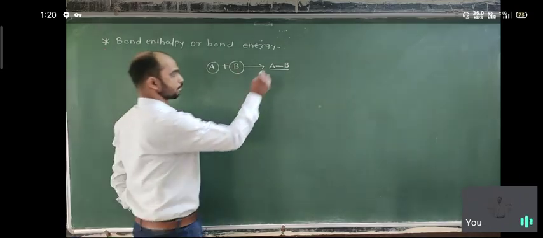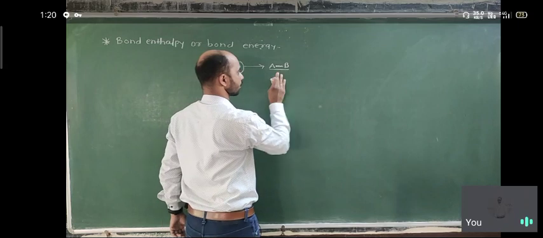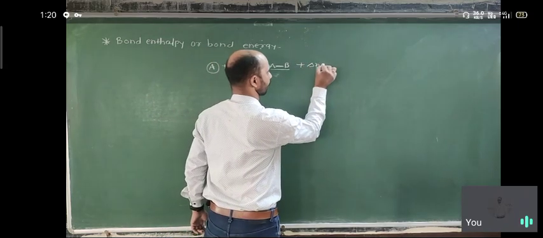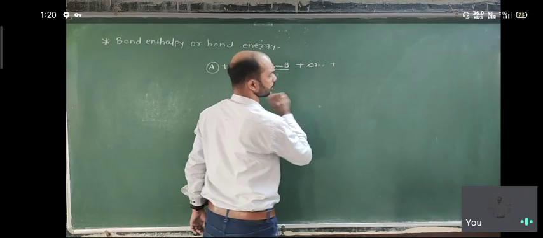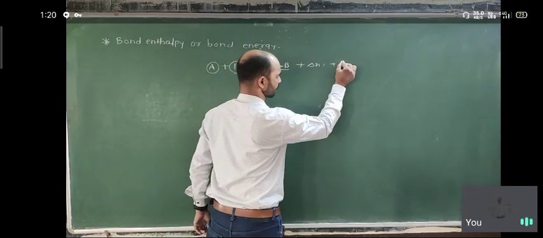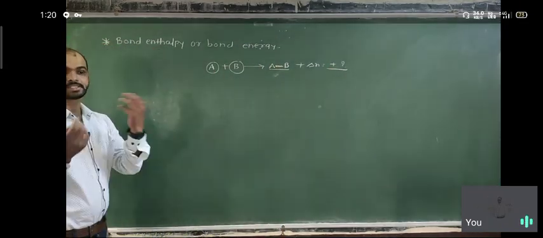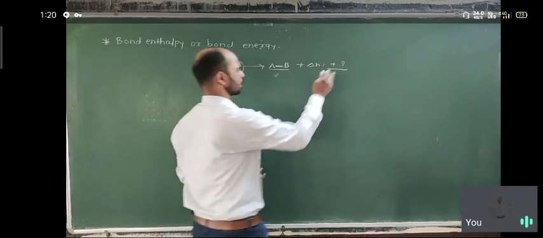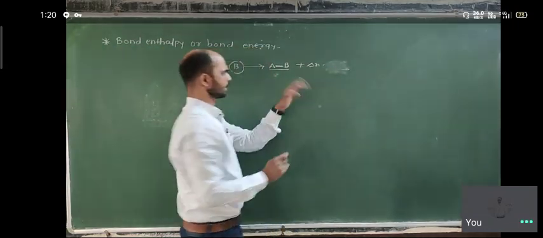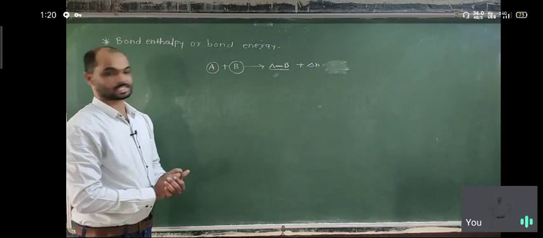So when a bond is formed, delta H has a sign, and the positive sign means heat is released.